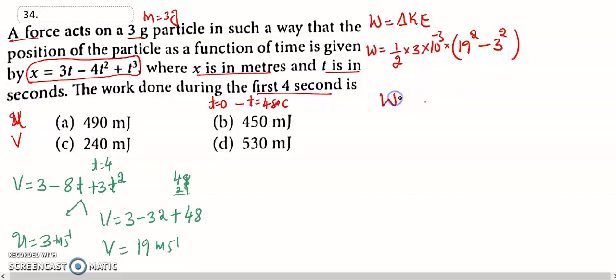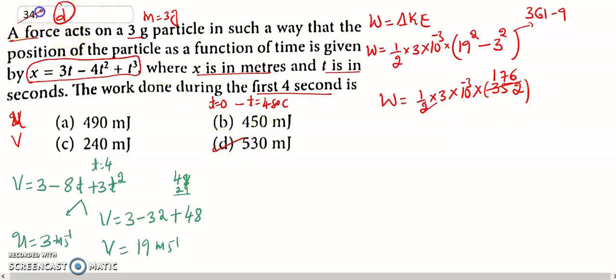That becomes 361 minus 9, equal to 352. Half of 352 is 176, into 3 is 528, about 530. So option D is the right answer for 34.